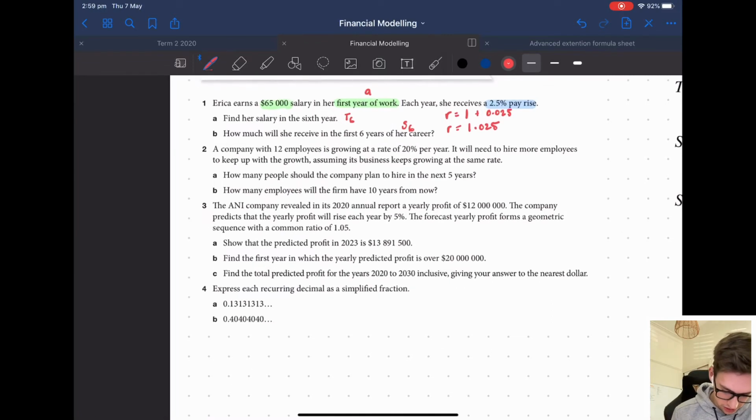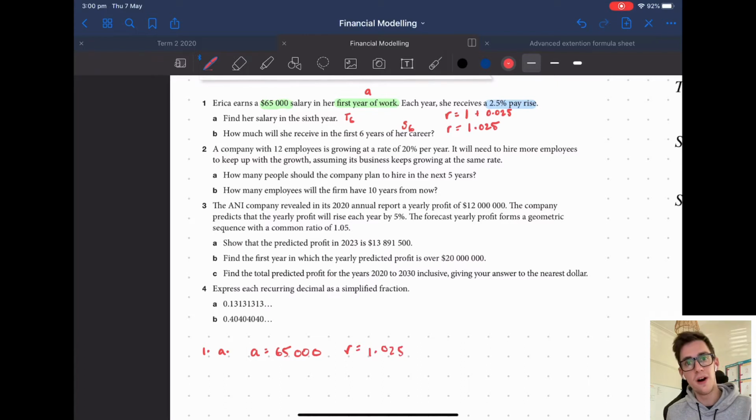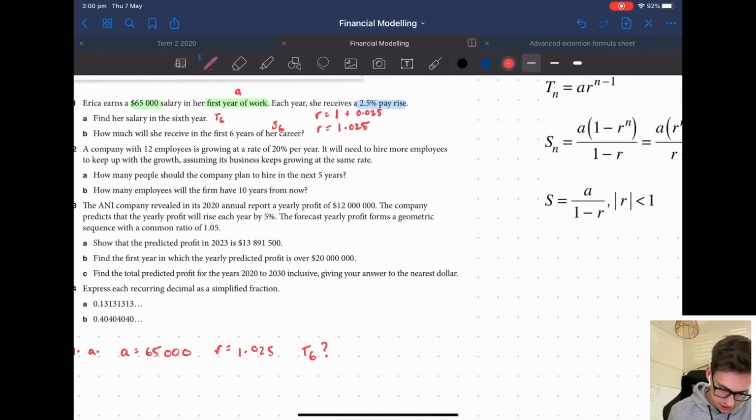Okay, so for question 1 A, we know that A, her first year, is 65,000. We know that her rate of increasing is 1.025. And I know that I am looking for T6. So I'm going to use the formula just up here for the 6th term.